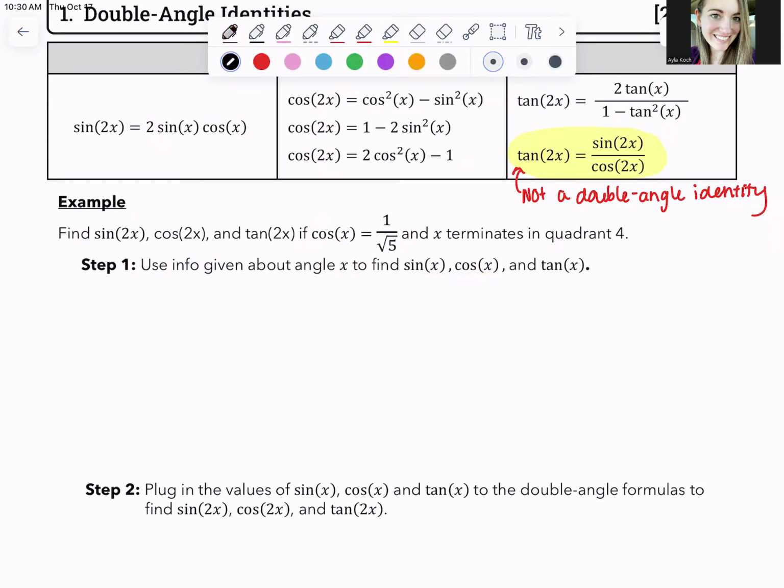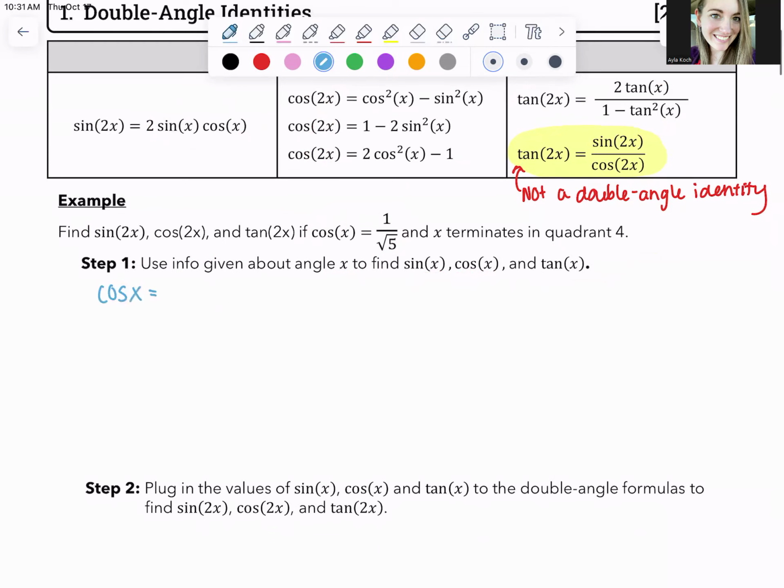So here's what we know. We know that cosine of angle x is equal to 1 over square root 5. We know that it's in quadrant 4. All Students Take Calculus. Quadrant 4.